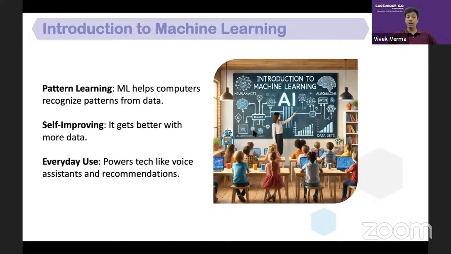We have Tesla cars. Tesla cars are the most famous till now, the self-driving cars. We have different other companies also selling self-driving cars, and they navigate through roads, avoid obstacles, follow traffic rules. How exactly are they able to do it? With the help of machine learning.